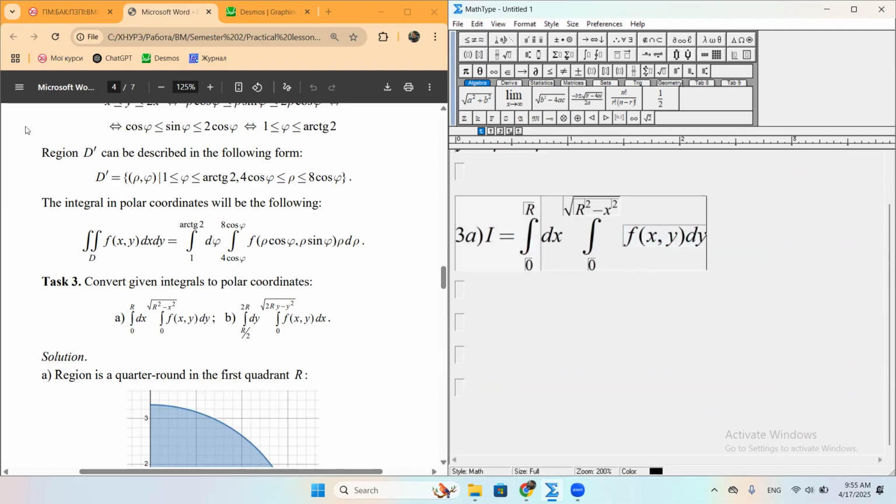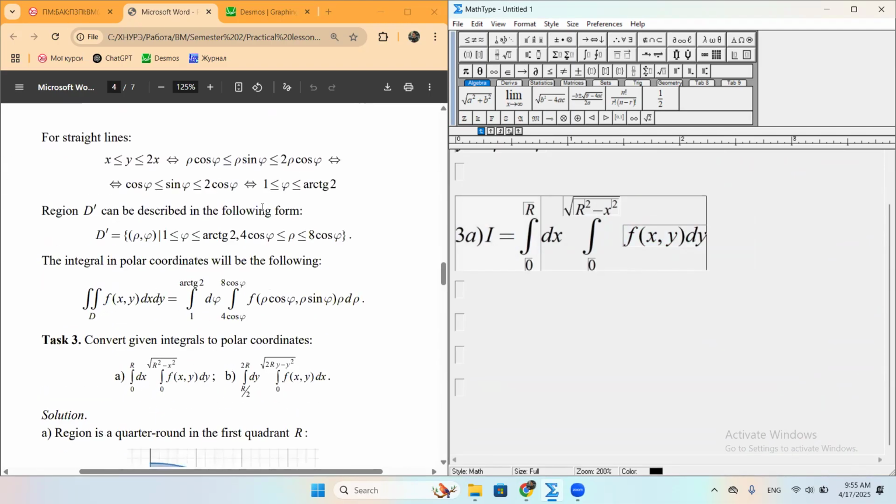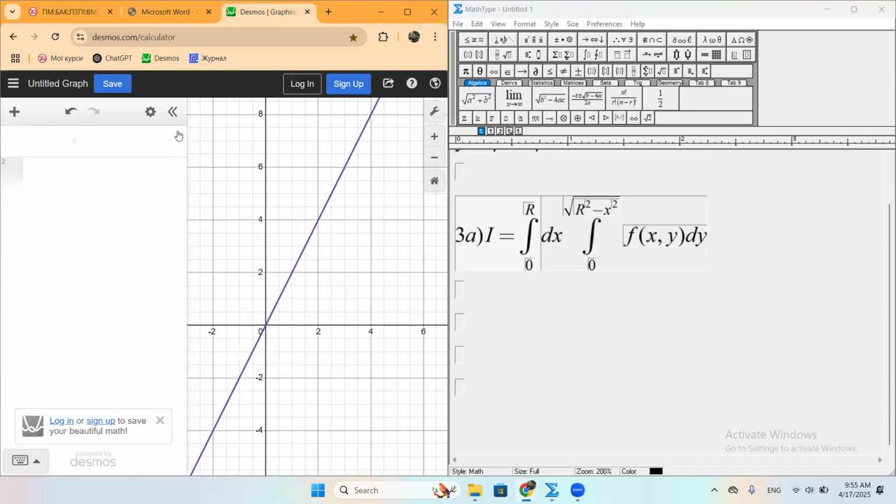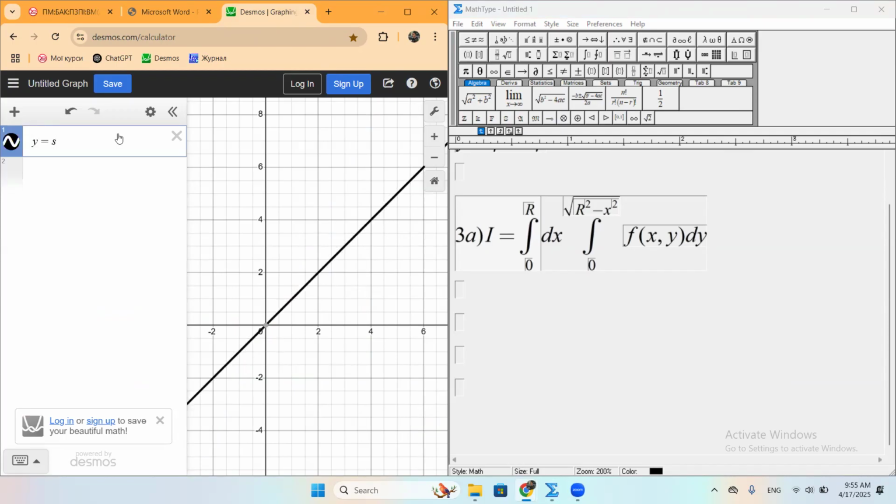And now again we need to substitute. Well, okay, first of all, let's plot this region. y equals the square root of r square minus x square.